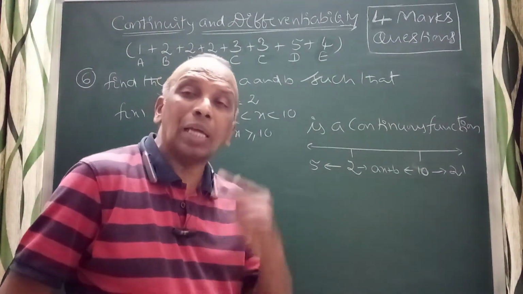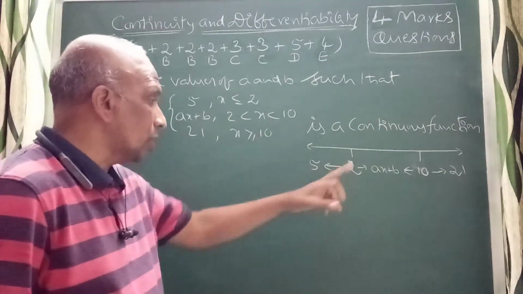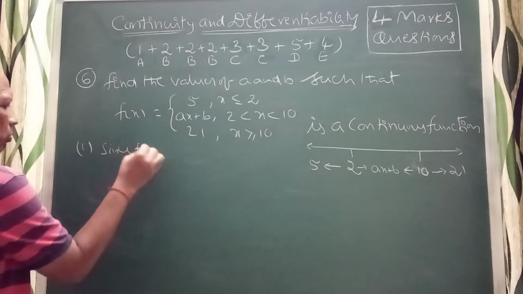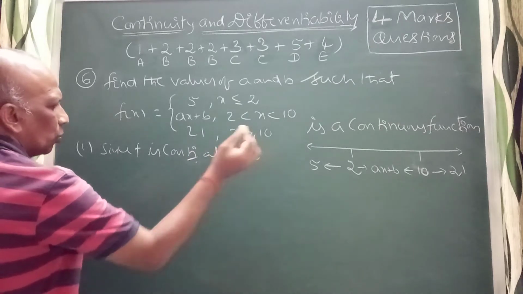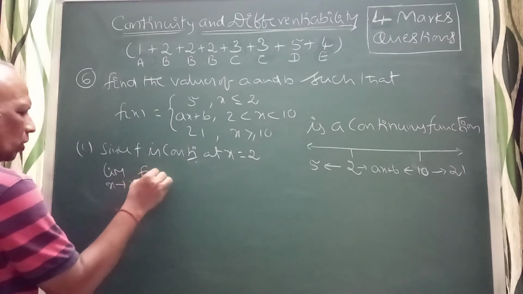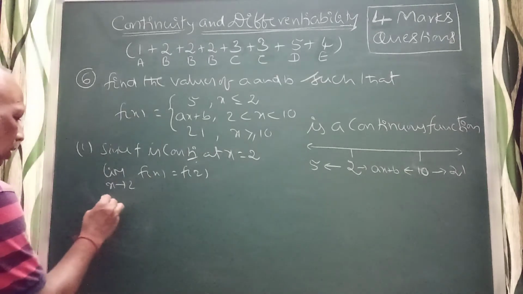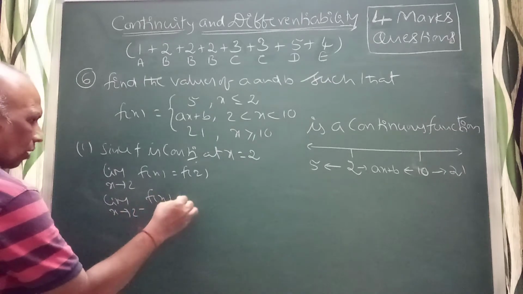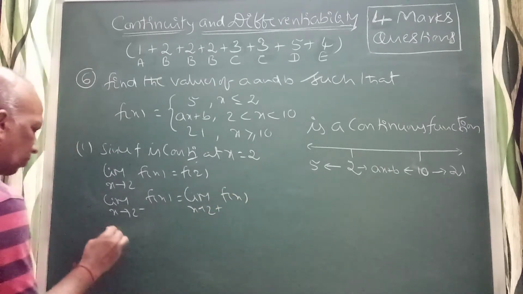They have given it as a continuous function. So you can take, since f is continuous at x equal to 2, limit x tends to 2 f of x is equal to f of 2. Now you can write limit x tends to 2 minus f of x equal to limit x tends to 2 plus f of x, right?